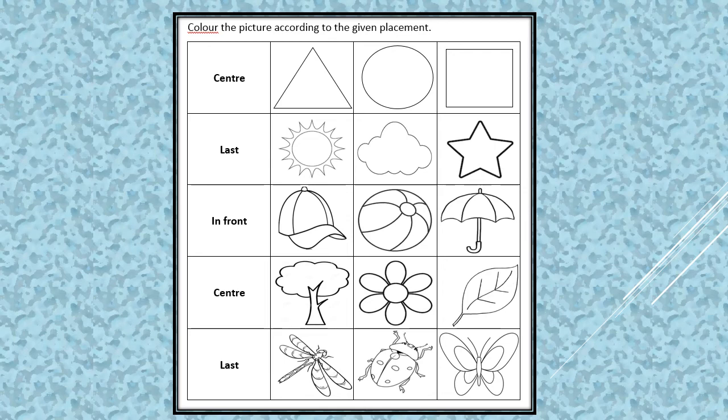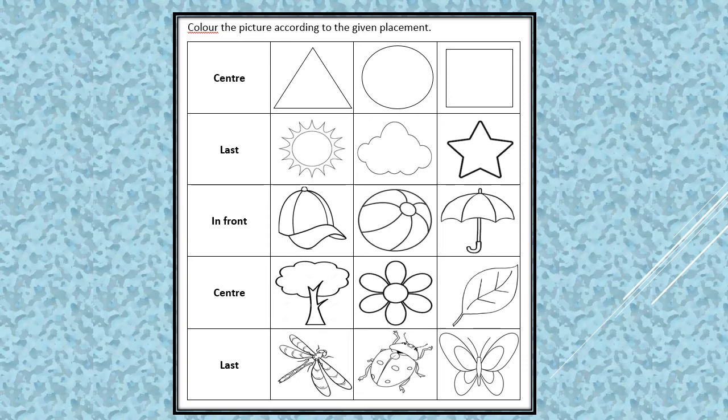Okay kids, now here I have given you a worksheet. It's about the placement. We have already learned there are 3 placements. Those are in front, center, last. In front means the beginning or the starting item.